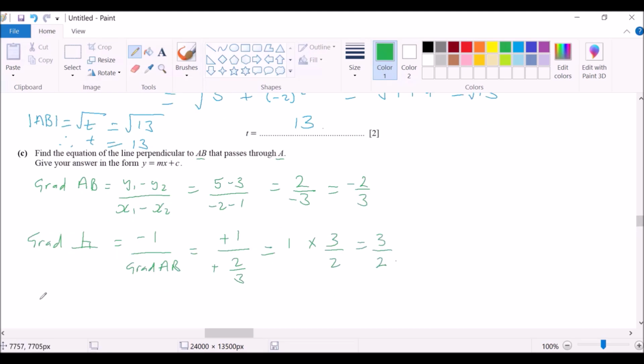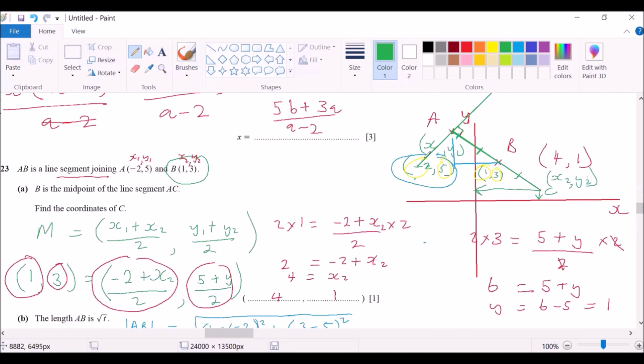Now, the equation of a line is y is equal to mx plus c. Our value for m is this gradient, which is 3 over 2. Our x is equal to -2 on the perpendicular, and our y is 5.